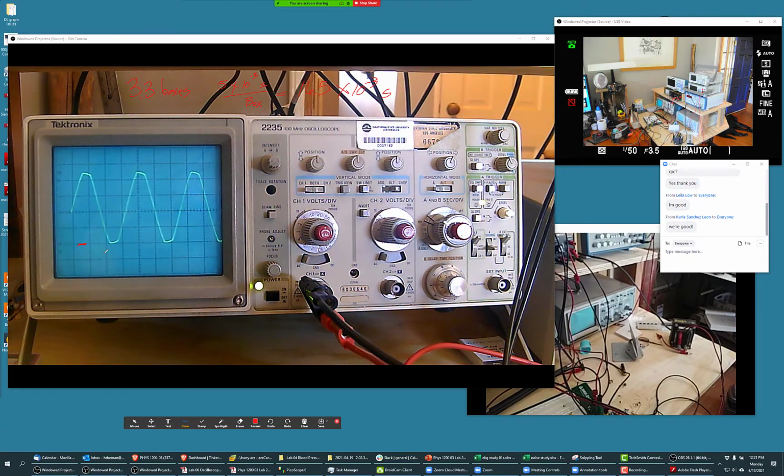So now we get 4.4 boxes times 5 volts per box equals, 20 and 2.0, right? 22 volts. Peak, 22 volts. So that's voltage peak to peak.